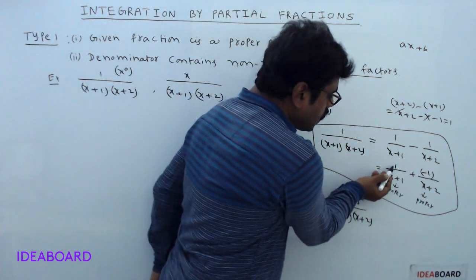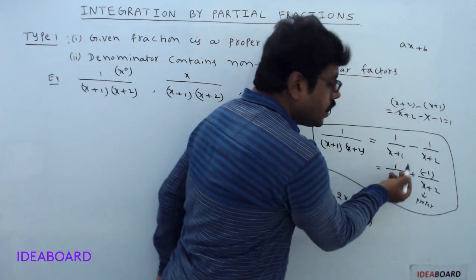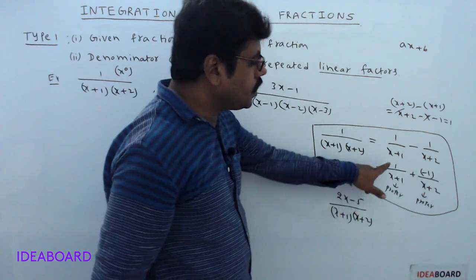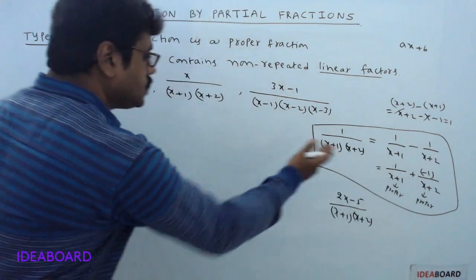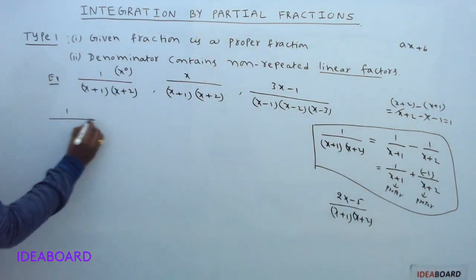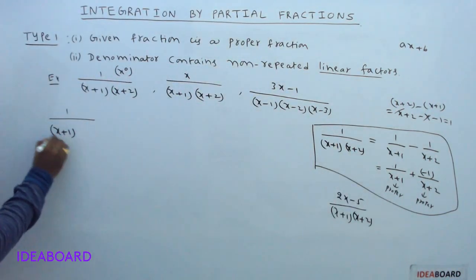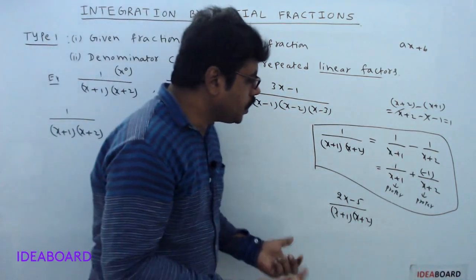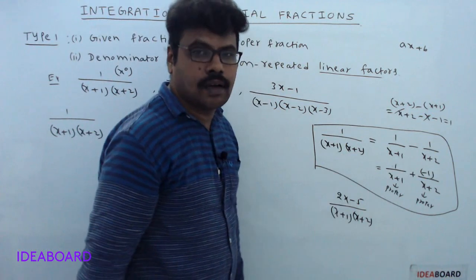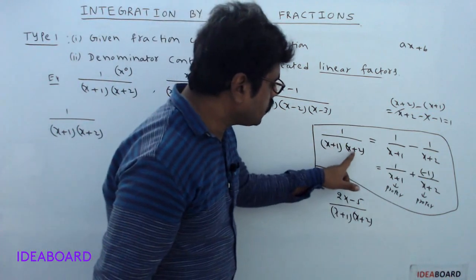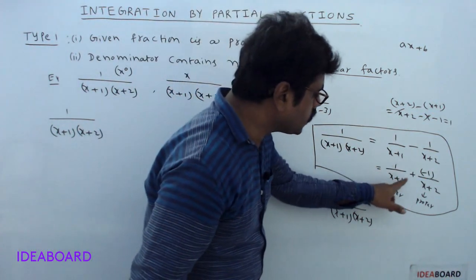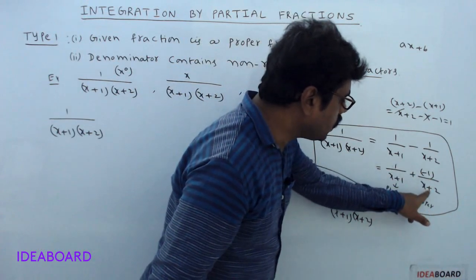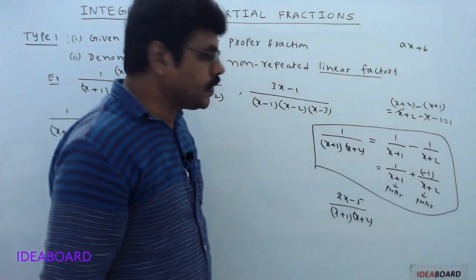So, in place of this constant term 1, I can take a general constant, let it be some a. Now, see that one? 1 divided by (x plus 1)(x plus 2). Here, I am going to generalize this example. 1 by (x plus 1)(x plus 2) equals 1 by (x plus 1) plus minus 1 divided by (x plus 2).